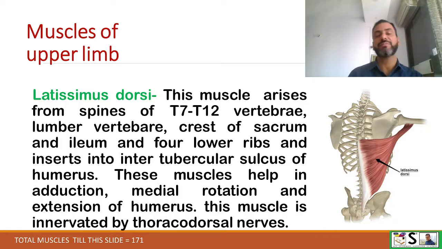These muscles help in adduction, medial rotation and extension of the humerus at the shoulder joint. This muscle is innervated by thoracodorsal nerves.